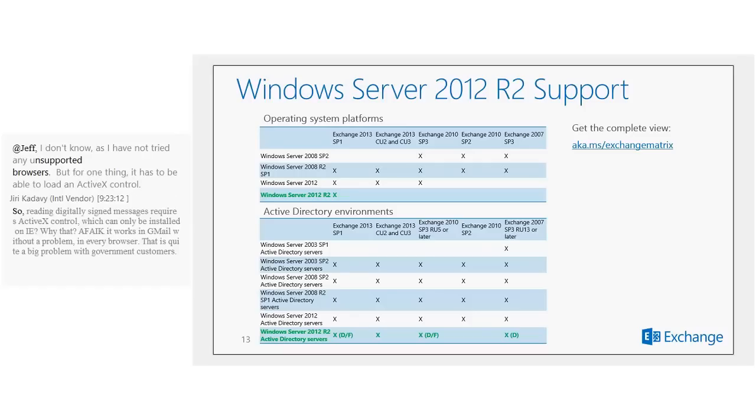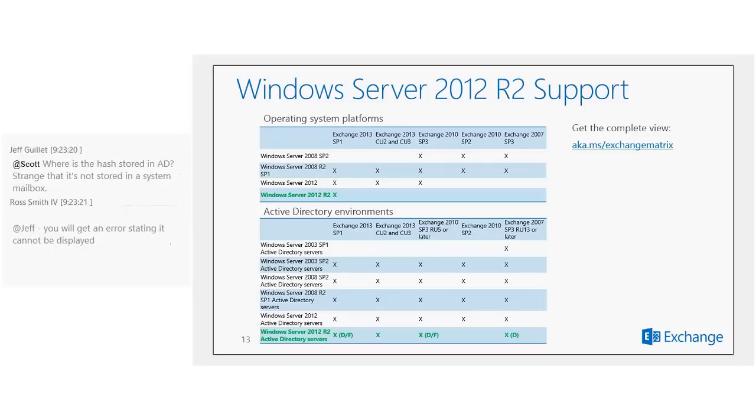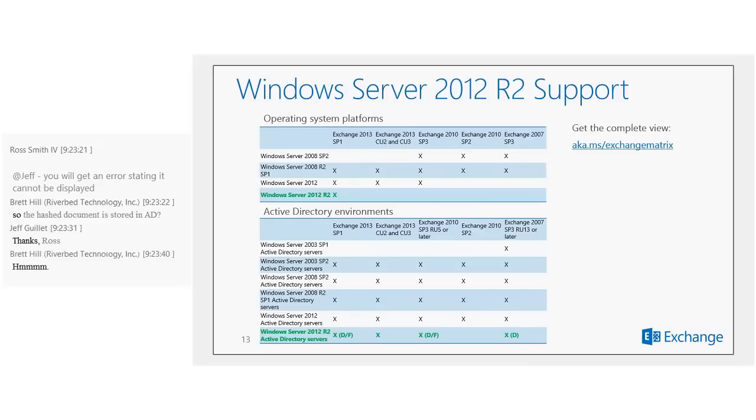And the next question that logically comes up is, okay, what about the AD support? So from an AD environment perspective, we're doing work there, not only in Exchange Server 2013, which gives you kind of the full capabilities, whether it's domain or forest functional level.